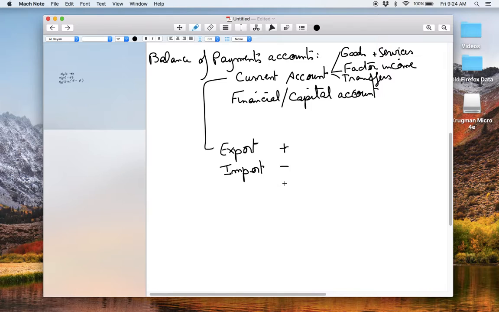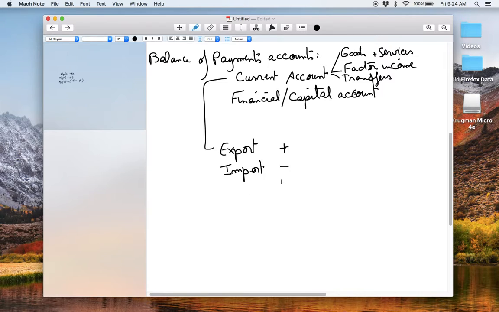Factor income is basically interest income, or that's the true definition, profits, but I'm going to describe it more simply as, even though it's not completely accurate, I think it's easier to understand if you say that factor income is like if a worker works abroad, the money comes back here, right?